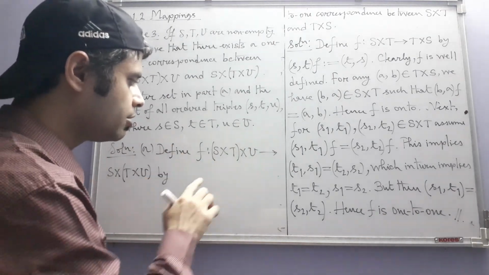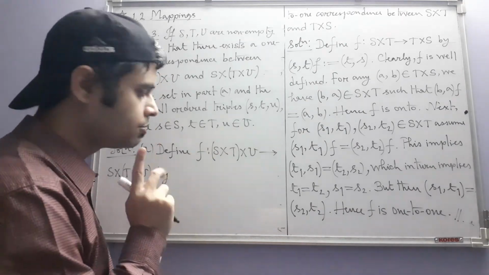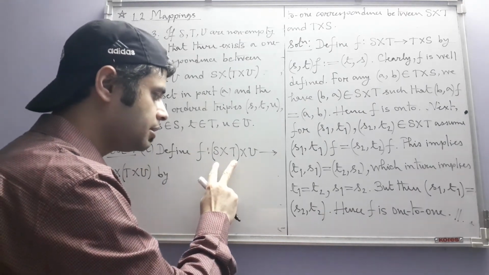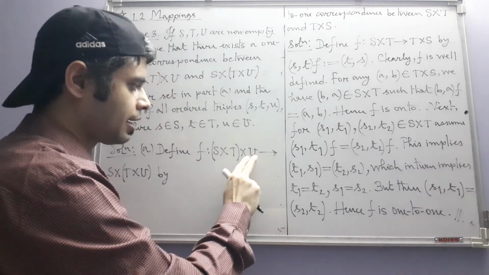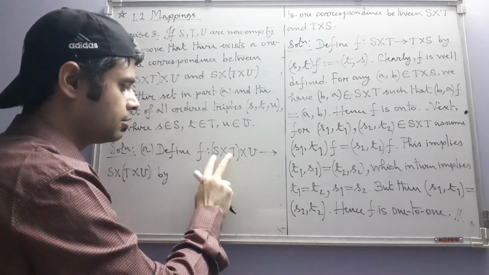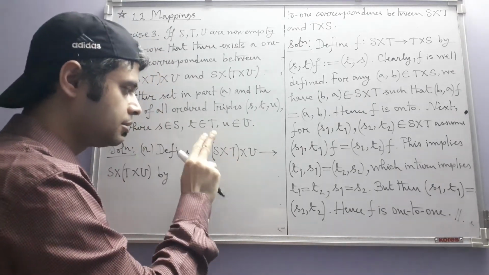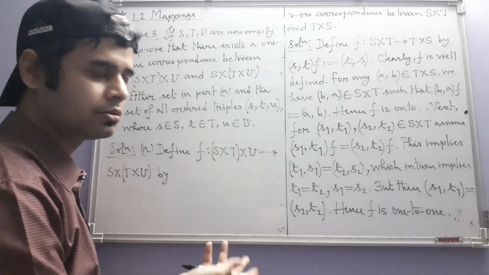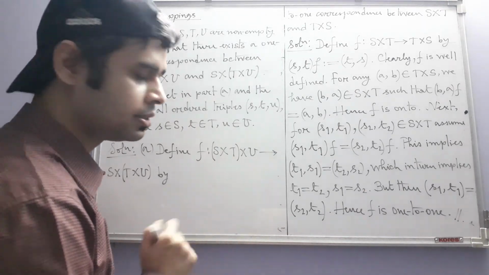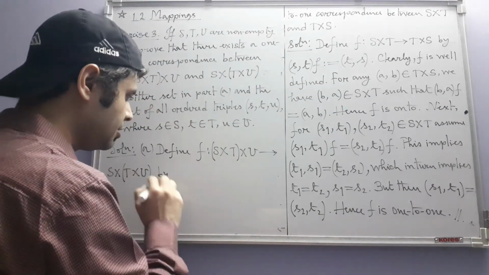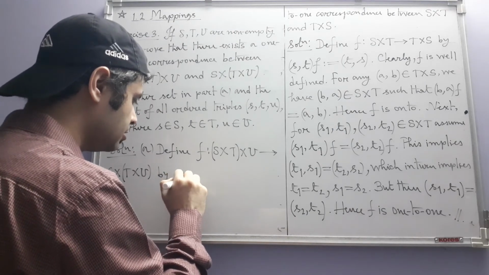This is actually a Cartesian product of two sets. One of them is S cross T and the other is U. So one of the sets is itself a Cartesian product of two more sets, S and T. So an arbitrary element here will look like this.